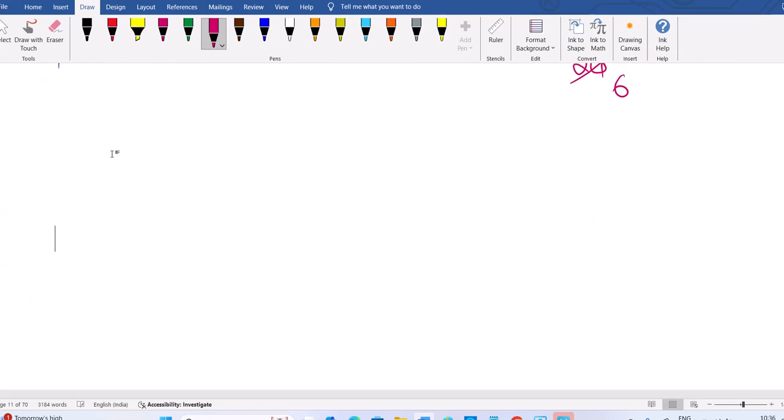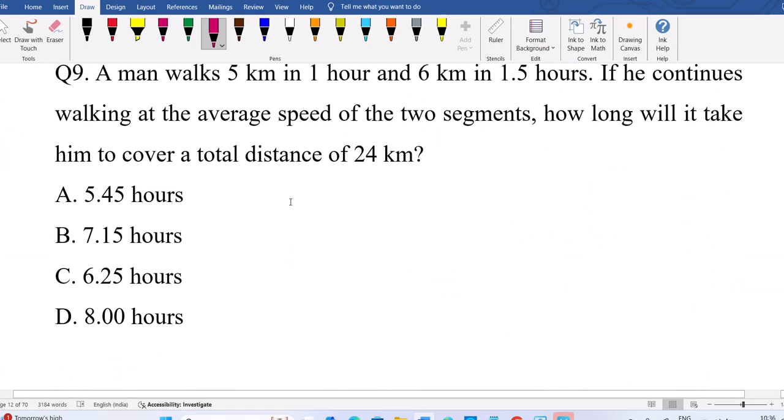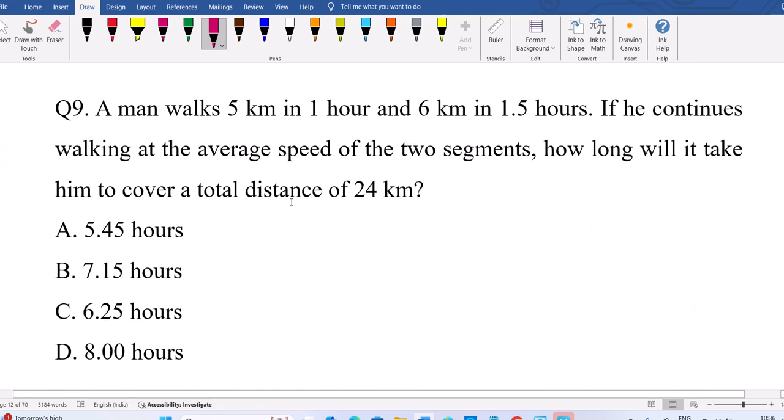This one is regarding time and distance, it seems. Speed, distance, all those are mentioned. Just look into the question, what is the data they gave? A man walks 5 kilometers in 1 hour and 6 kilometers in 1.5 hours, and he continues walking at the same speed. What is the time taken to cover 24 kilometers?